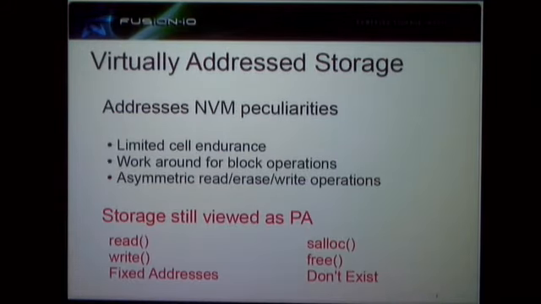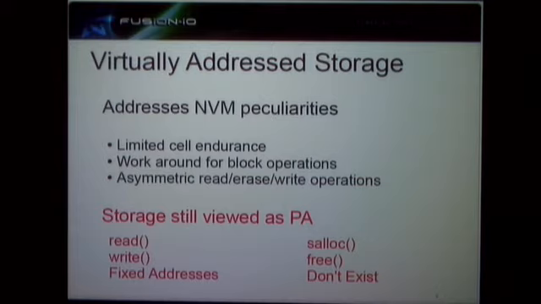We have peculiarities of the technology is the number one reason we've chosen to do this. Right? We have limited cell endurance, and so we need to be able to do wear leveling across these things. So the physical address that's underlying a logical block address has to be able to change transparently without the application knowing about it. We also have to work around these block operations, bulk erase versus writes.